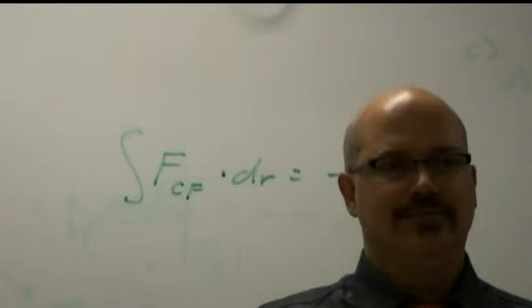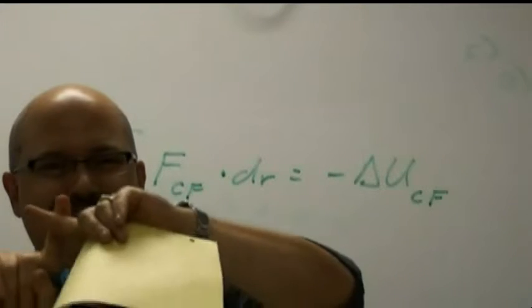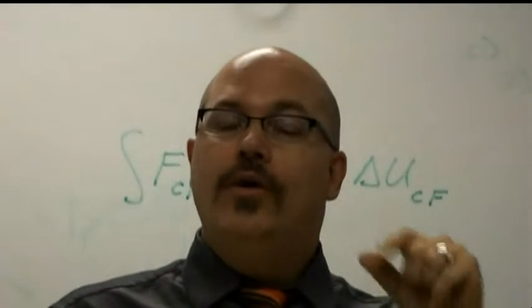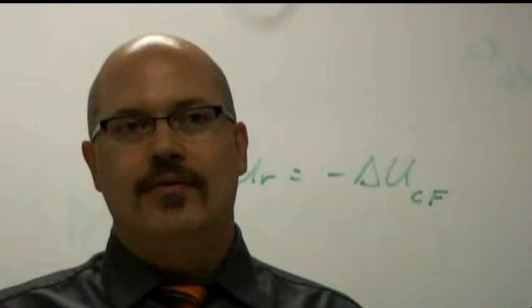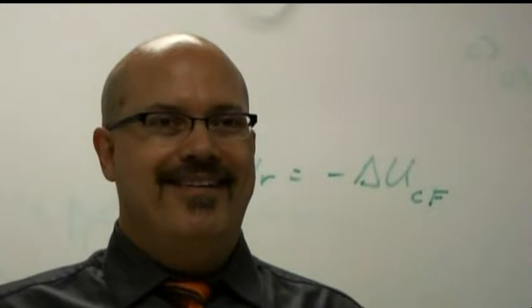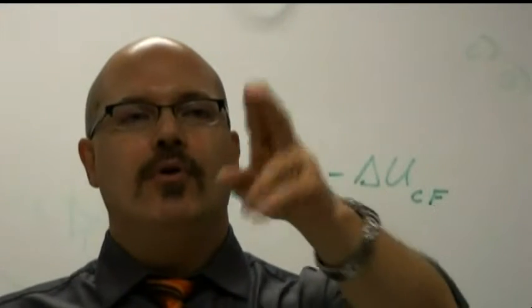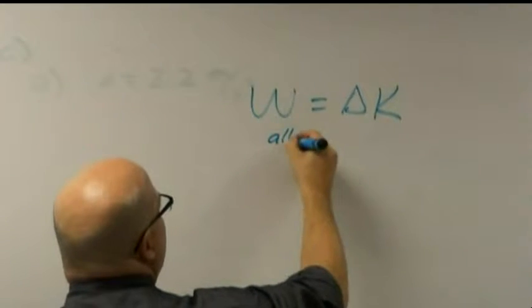I was thinking that work is changing kinetic energy, right? So it's changing kinetic energy by 0, right? So there's no work. But it changes potential. Okay, so the deal is, good point. We have this: work equals the change in kinetic energy. But this is the work done by all forces.